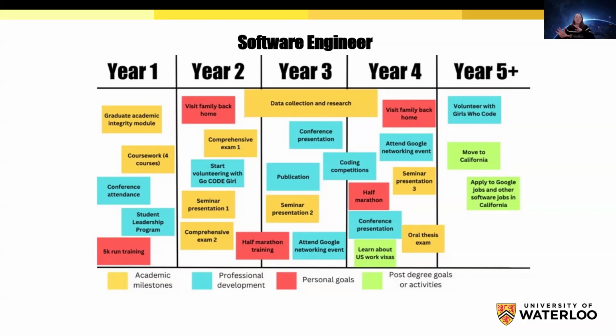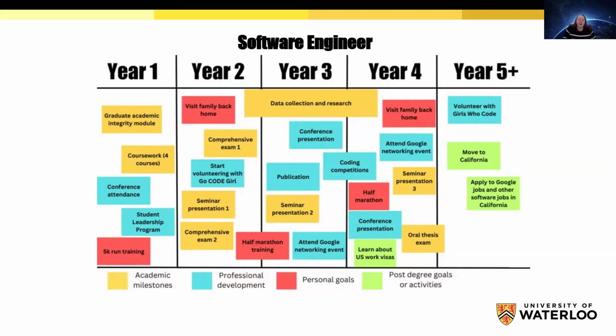Year three, we're getting into potentially wanting to publish or attending Google networking events, or maybe they're doing a coding competition. Year four, we're getting closer to the end of the degree, so they're looking at networking more. Maybe in year five, they're still volunteering and finding their way closer to that software engineer role through connections.